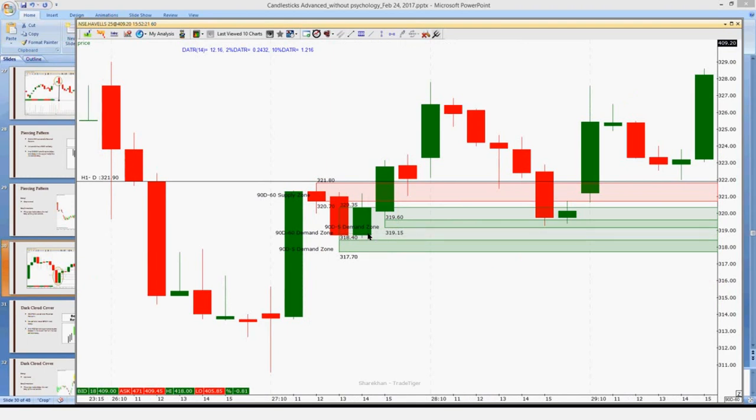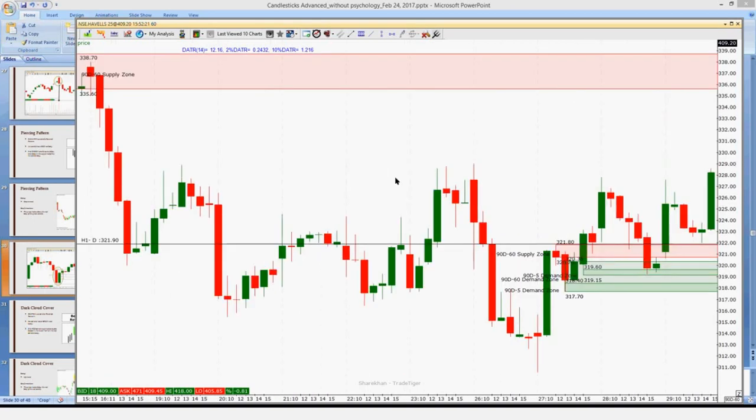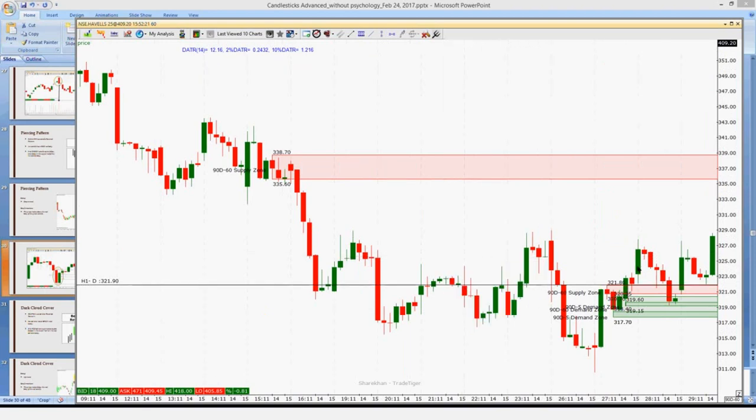So on the higher time frame, the daily chart, a pattern is emerging, giving me the trade. On the 60-minute chart, I have the source of engulf, and inside it, I have another engulf. My target will be the next fresh supply zone, which is engulfing the opposite zone.